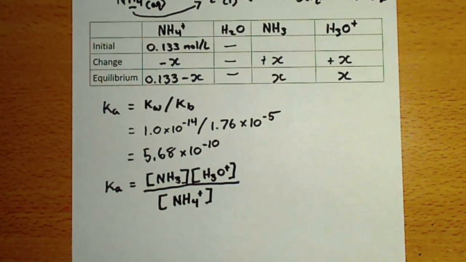Okay, now using our values from our equilibrium portion of our ICE table, along with the Ka that we calculated, we should be able to create a situation where the only unknown is X.